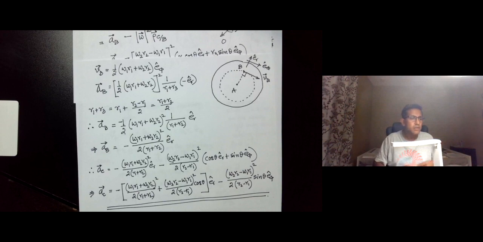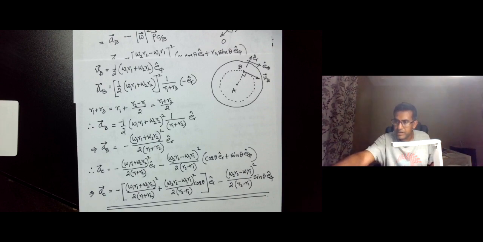So that is what I wanted to discuss in this video. Essentially, this is a video where we looked at the kinematics of a planetary gear system. This is very common in mechanical engineering.